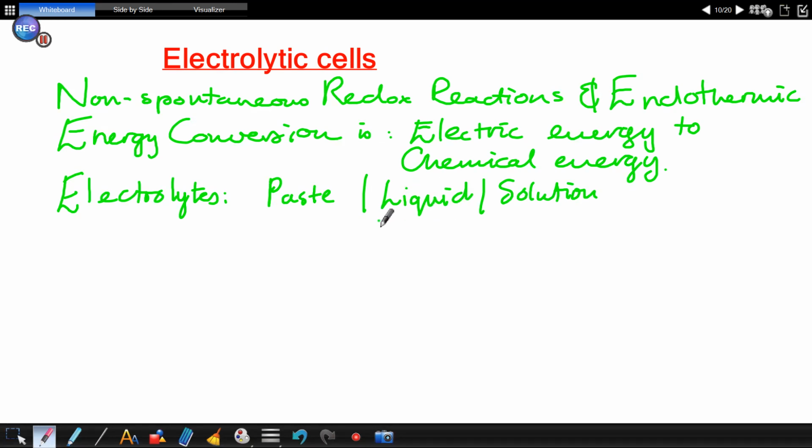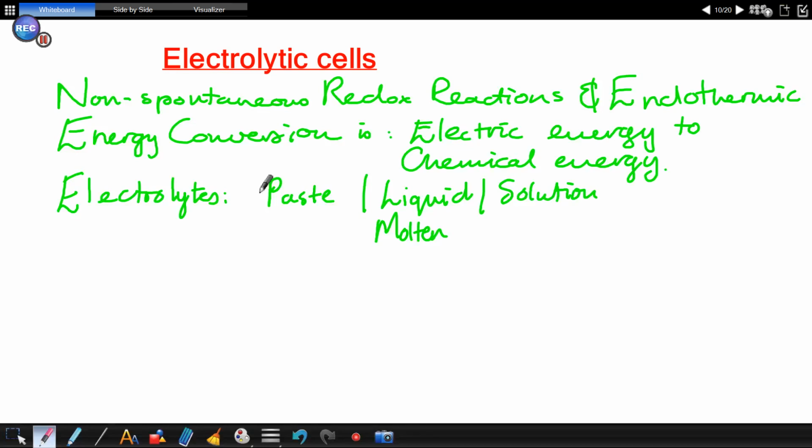Liquid is molten, yes. Molten substances. If you take sodium chloride and you melt it, you'll form an electrolyte. But to melt sodium chloride is more expensive than to dissolve sodium chloride. So let's go to that as an example.